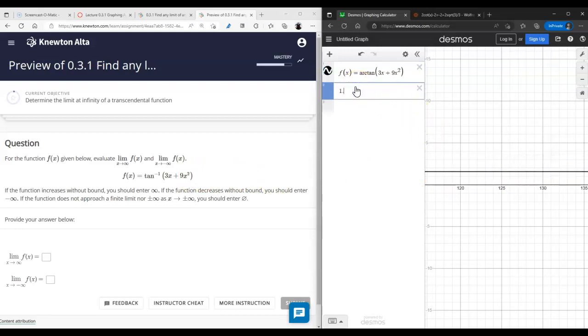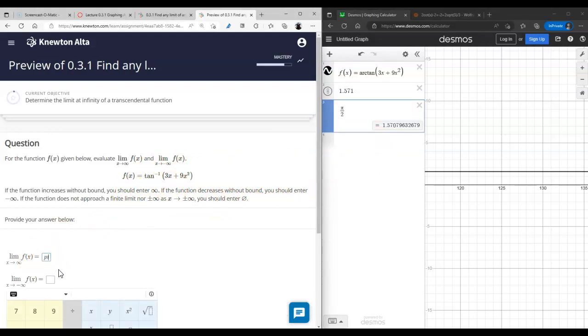What does 1.571 remind you of? It should remind you of something. It's half of pi. So as x goes to infinity, your limit is the output of the tangent inverse for large values of x, which we know is pi over 2.